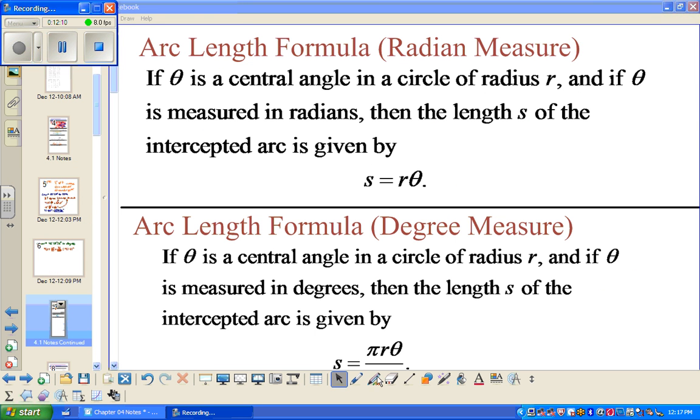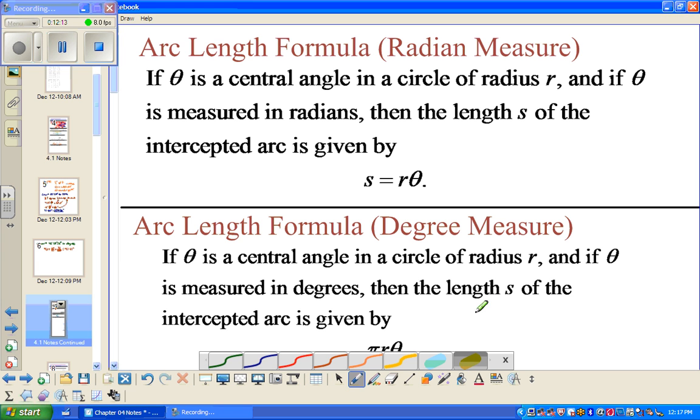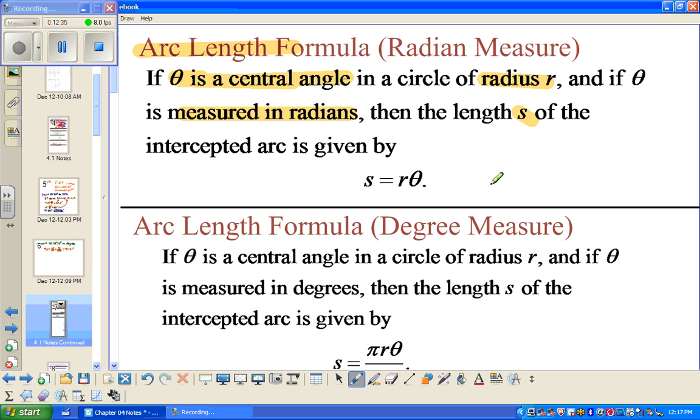The next thing I want to remind you about, which you've done before, is how to find arc length. So if the central angle that you're given with radius r is measured in radians, so if the theta, the central angle, is measured in radians, then to find the arc length s, you simply take the length of the radius times that measure of the central angle, and you're done.